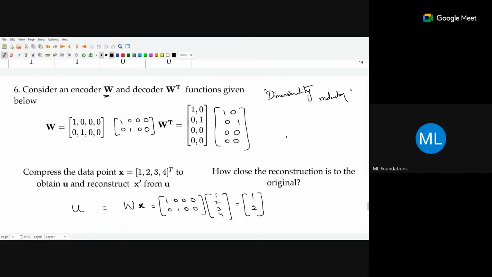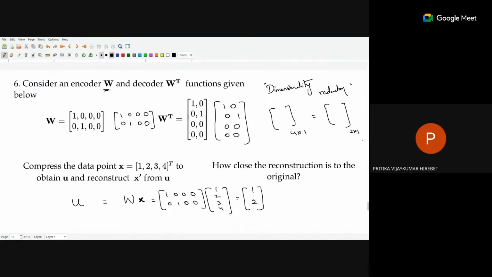I have a vector which is 4 cross 1. So I have 4 cross 1 data, and after reduction I need it to be 2 cross 1. What should I do to 4 cross 1 to get 2 cross 1? If I add some other matrix, will it shorten to 2 cross 1?